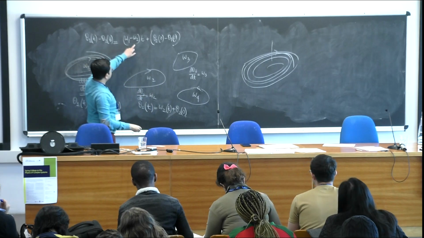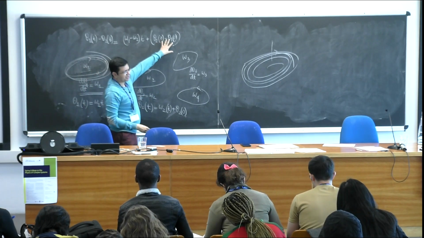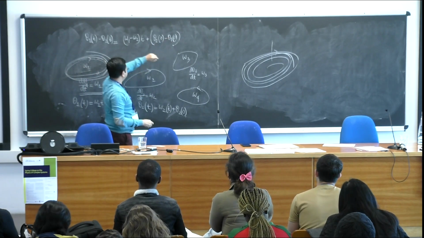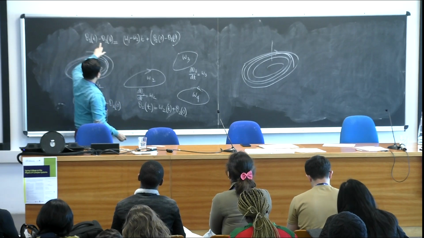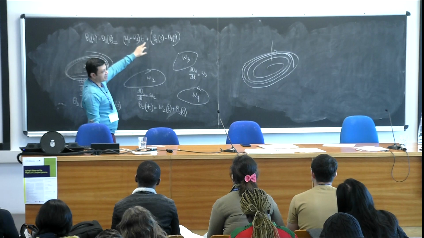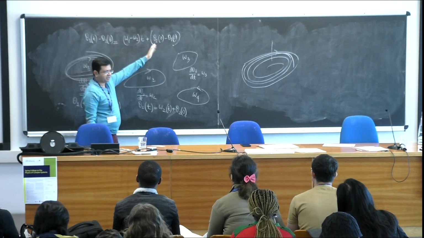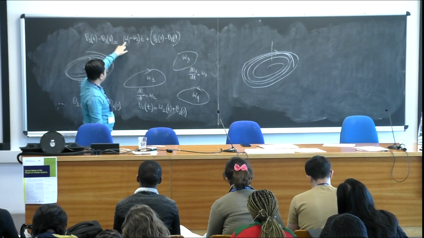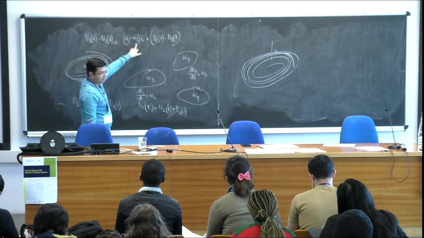Now omega 1 is not equal to omega 2, while theta 2 0 minus theta 1 0 is a constant number that does not change with time. So there is no reason why the phase difference of the two oscillators will remain constant in time. It will change, because omega 1 is different from omega 2, fine.